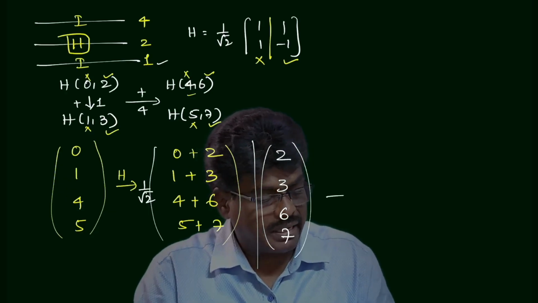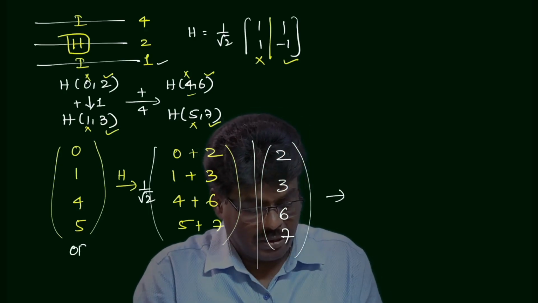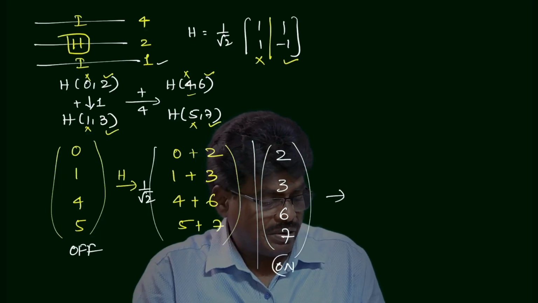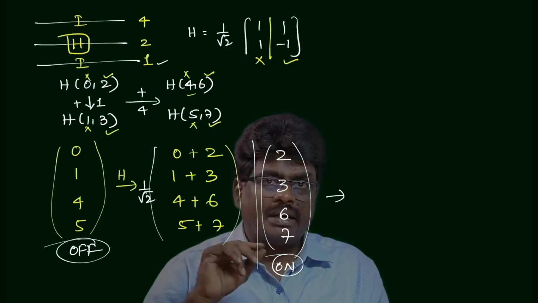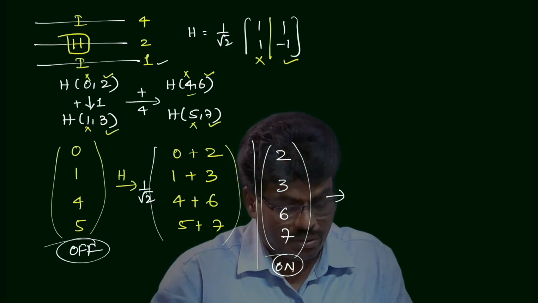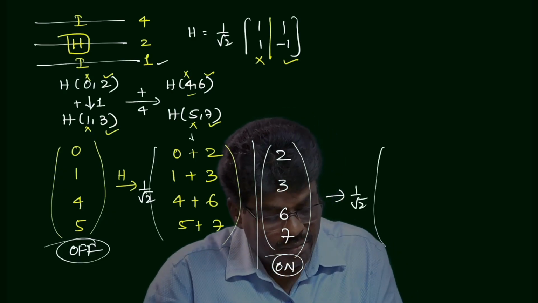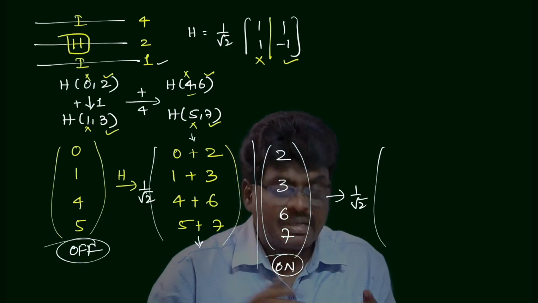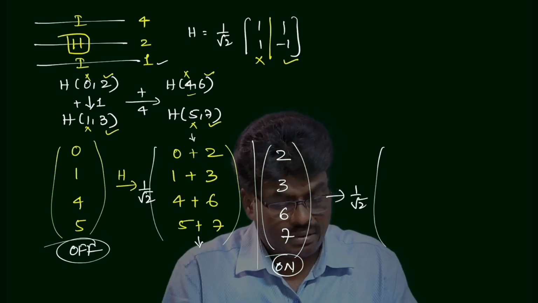I'm taking the second elements in the bracket, which are in on state. All these are off and all these are on. Especially whenever you are dealing with these Hadamard gates, it is better to take it like this, because without doing anything, directly we can write the other one. Whatever the middle sign we have, just take the opposite.